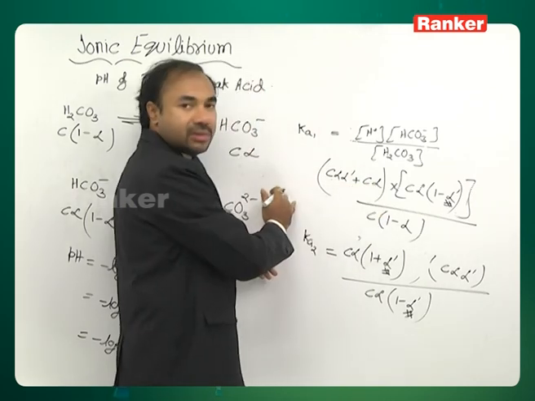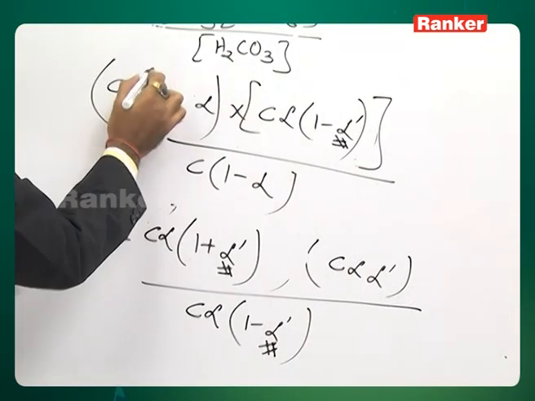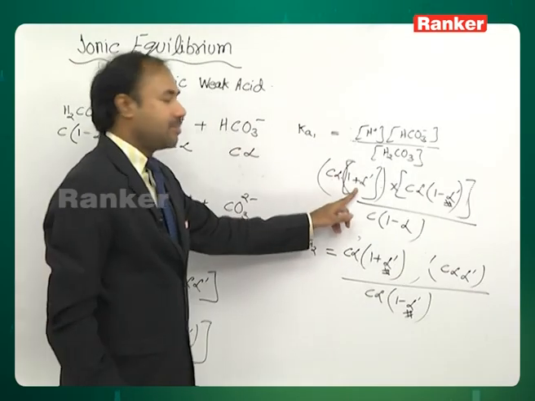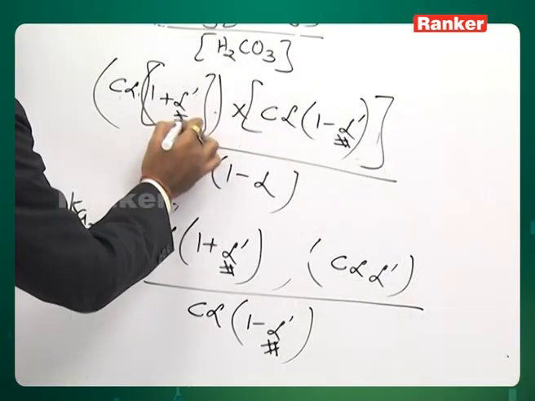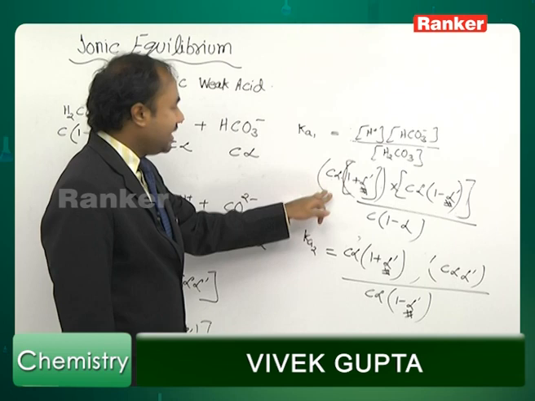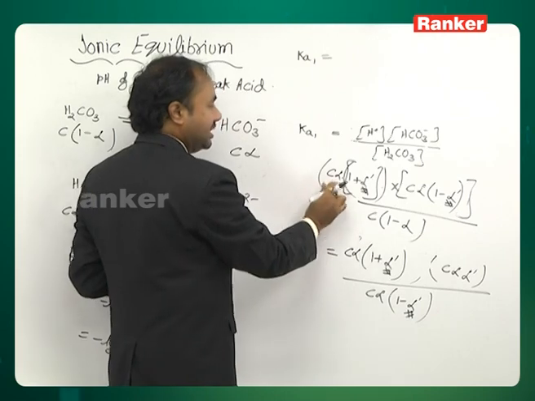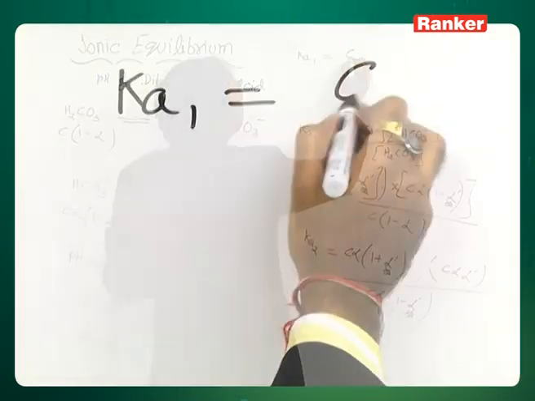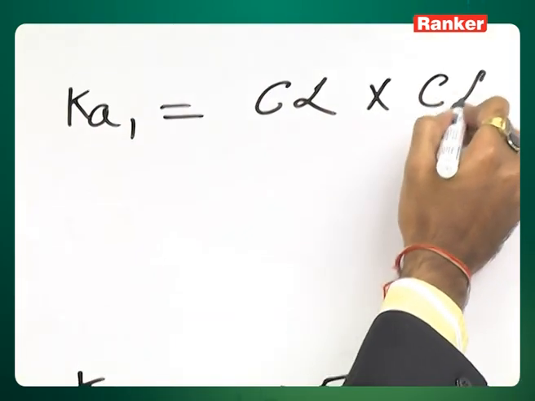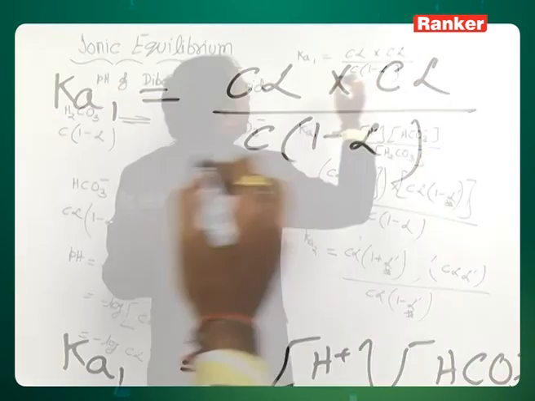This one again we take C alpha as common and it becomes 1 plus alpha dash, which again will be negligible here. If you see carefully, then Ka1 is nothing but equal to C alpha, because alpha dash has been neglected, into C alpha, again because alpha dash has been neglected, upon C into 1 minus alpha.